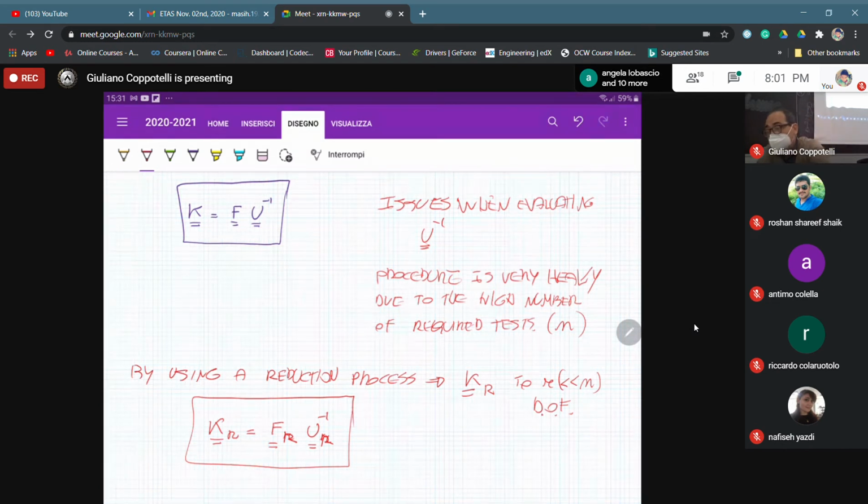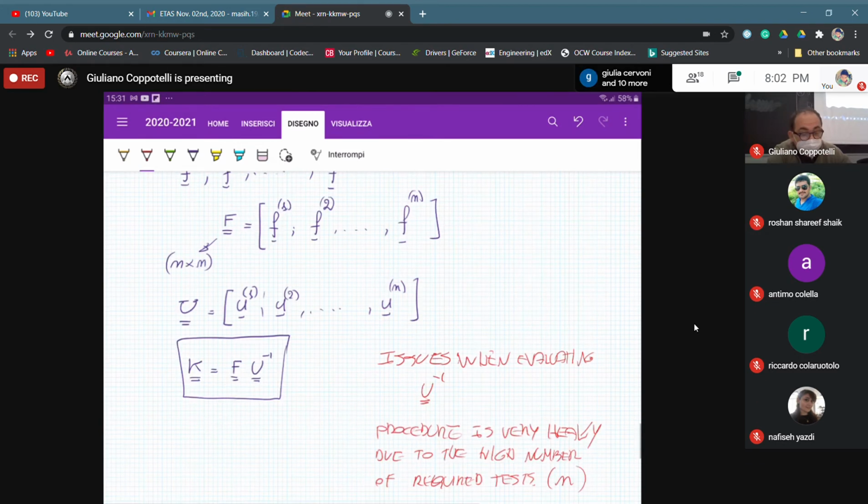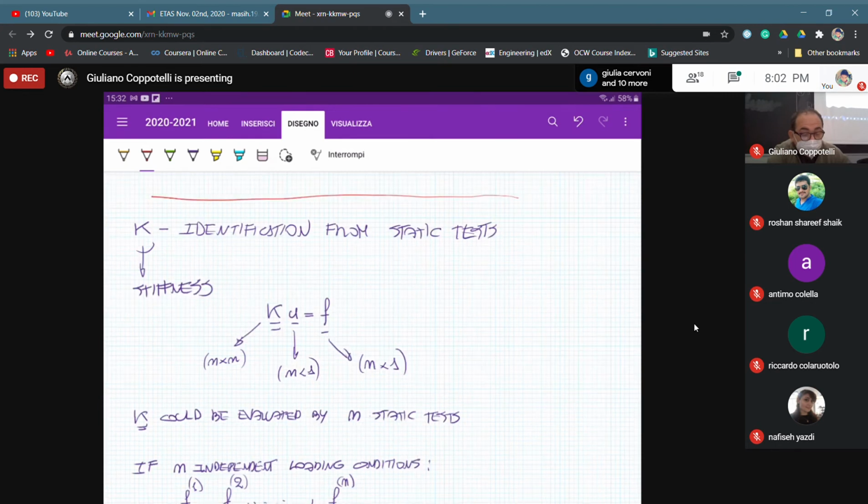Okay, that is quite easier to do, but however, it is not the way the stiffness matrix is identified. Indeed, instead of considering this problem, the stiffness problem, we solve the problem from the other point of view, from the flexibility point of view.